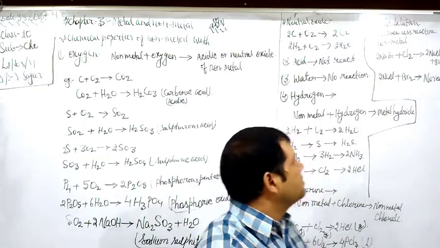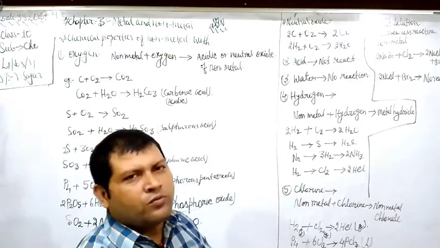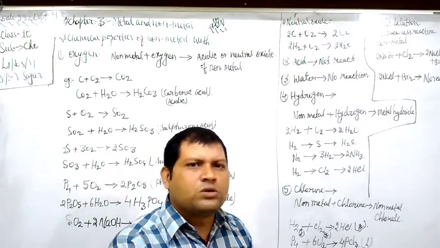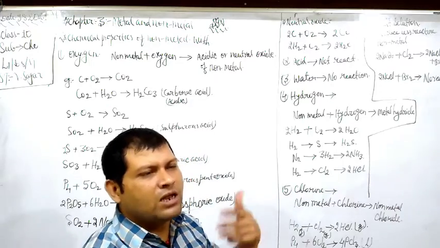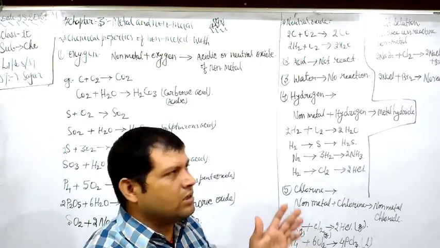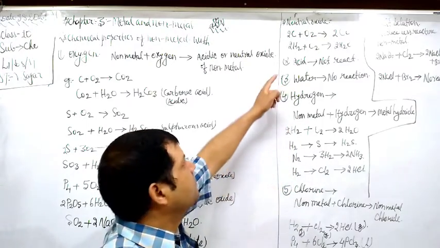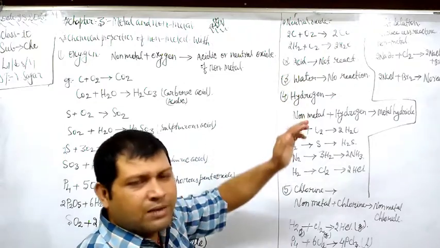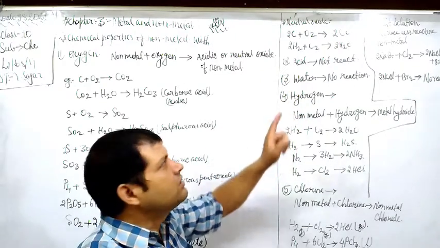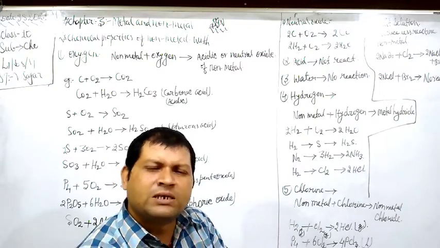Now let us come to the reactions of nonmetals in other types. When it reacts with oxygen, then neutral compounds can form. As for example, when carbon reacts with oxygen, then the formation of CO, carbon monoxide, takes place.